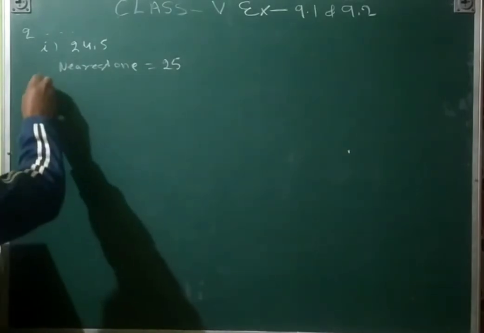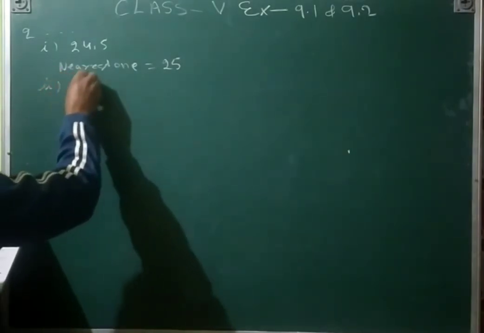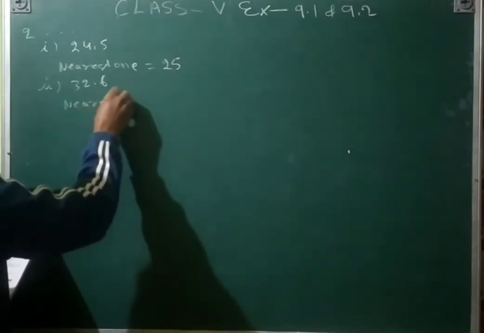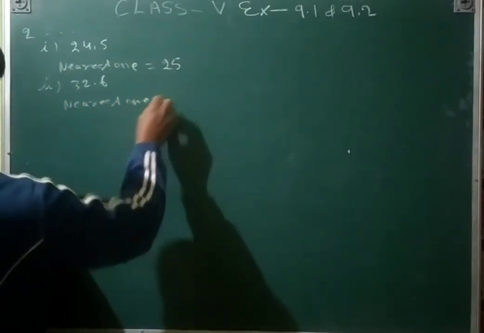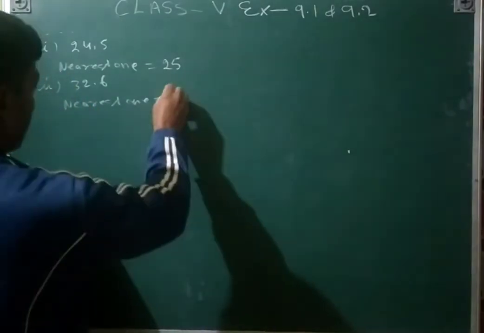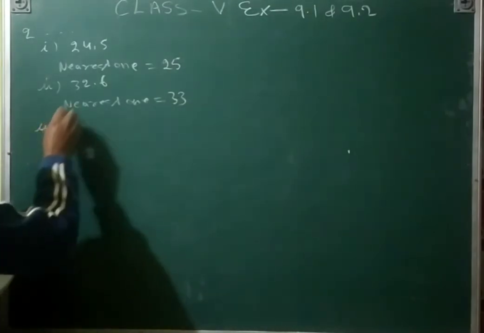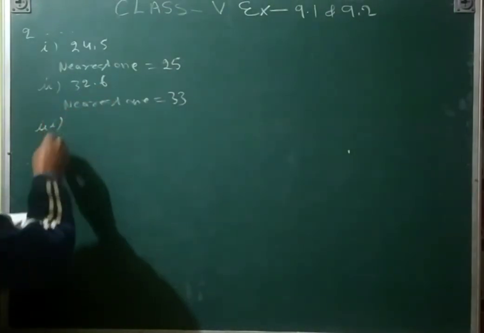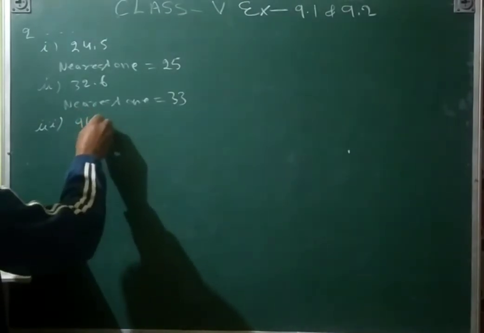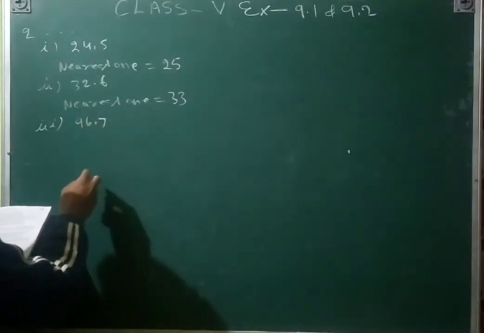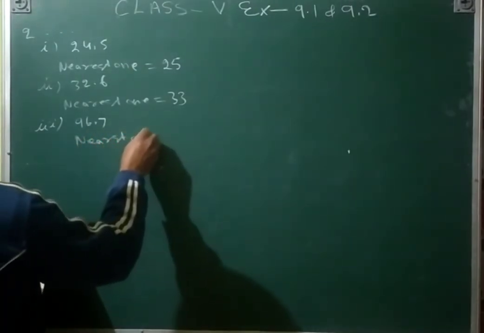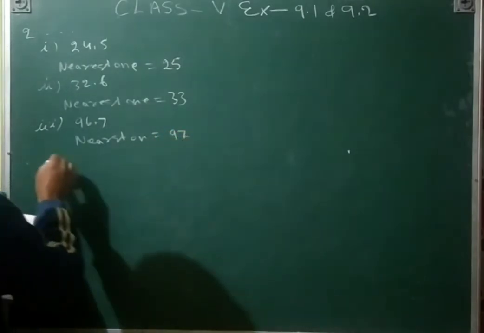And then 32.6, nearest 1 is equal to 33. Third part, 96.7, nearest 1 is equal to 97.